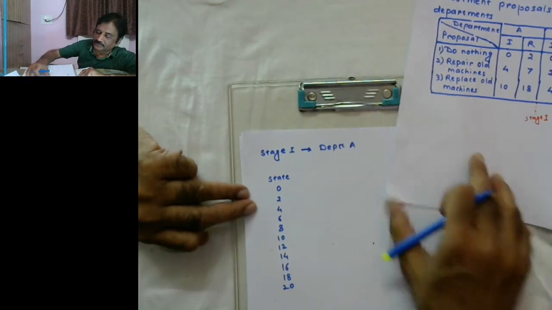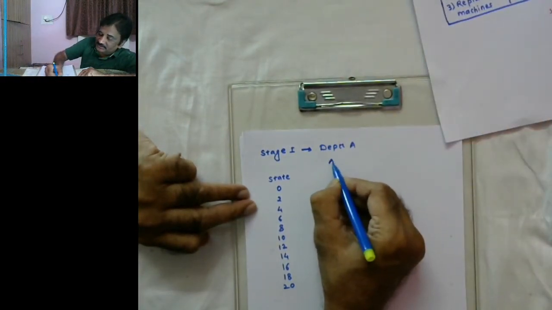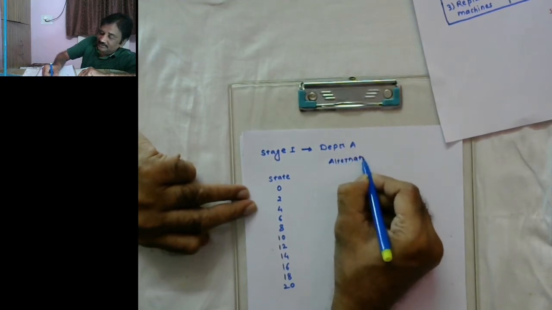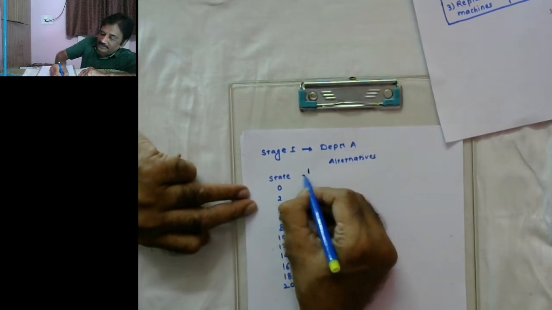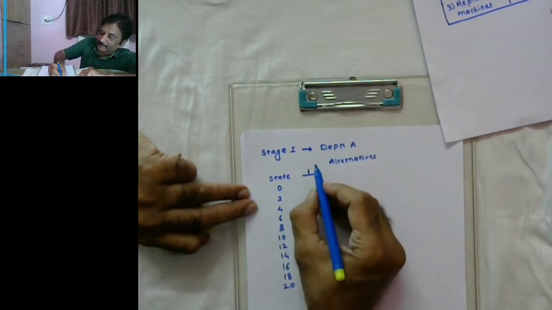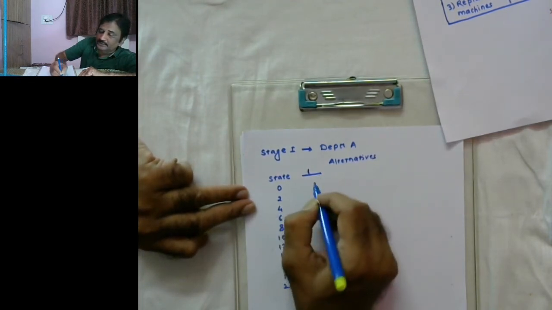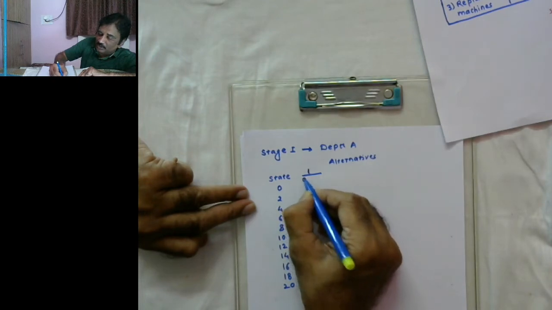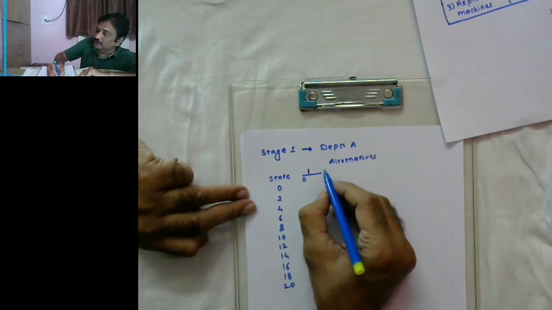Then the alternatives. What are the alternatives available to us? Alternatives are easy in this case because those have already been given to you. Your first alternative is do nothing. Do nothing means it will require an investment of 0 crore, and there is a return of 2 crore.